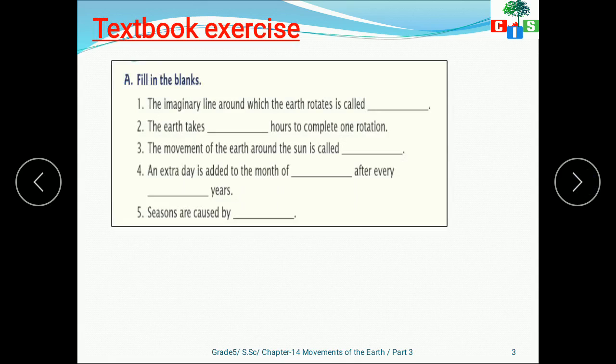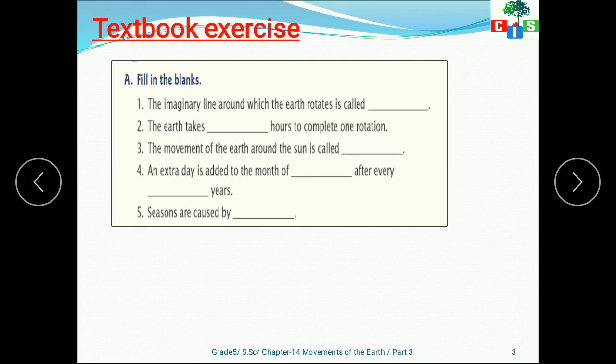First we have fill in the blanks. The first one: the imaginary line around which the earth rotates is called, yes, it is axis. Now second: the earth takes dash hours to complete one rotation.